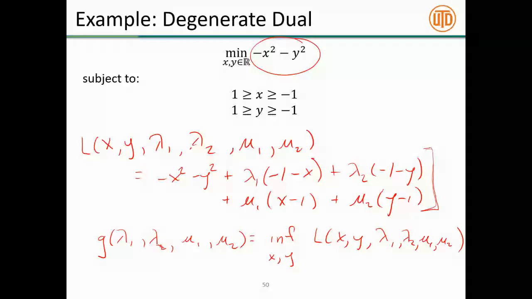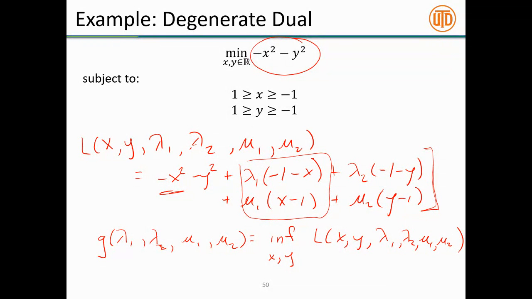This function is not necessarily increasing or decreasing in x or y, but certainly as x gets large, it gets arbitrarily close to negative infinity. As an example, just let x run off to infinity. It doesn't matter what this term is. This first piece will dominate because it's a negative x squared.